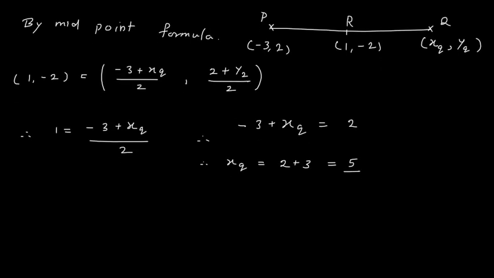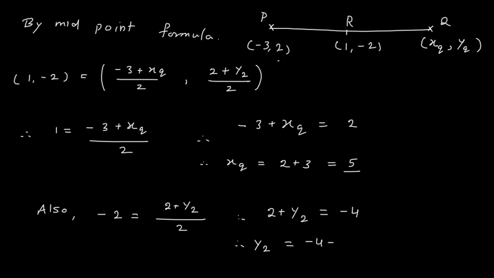And for yq I have -2, I will say that this -2 is equal to (2 plus y2) divided by 2. So therefore here I have 2 plus y2 is equal to -4, and therefore y2 is equal to -4 minus 2 is equal to -6.